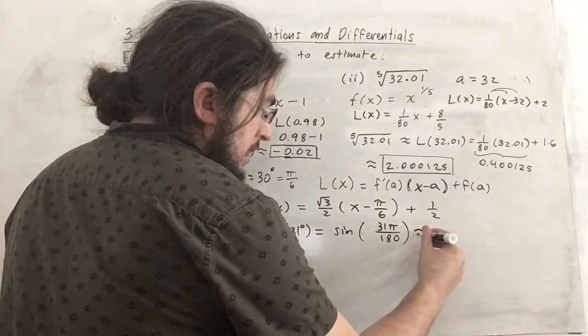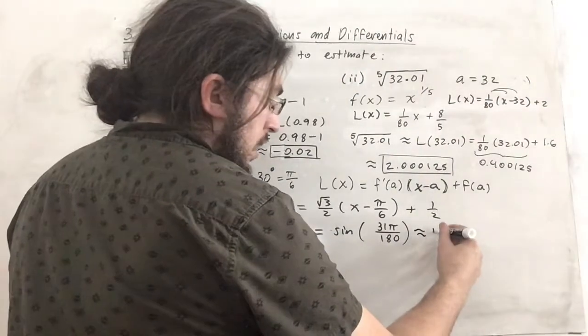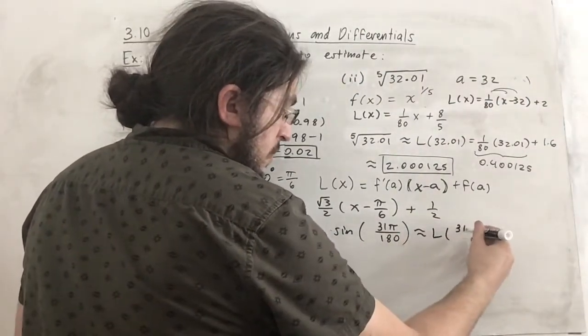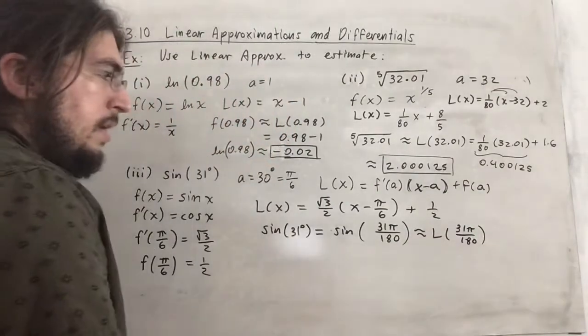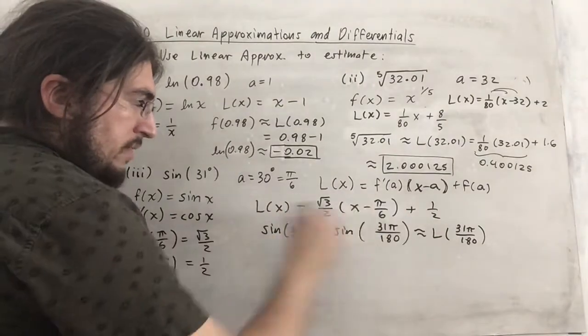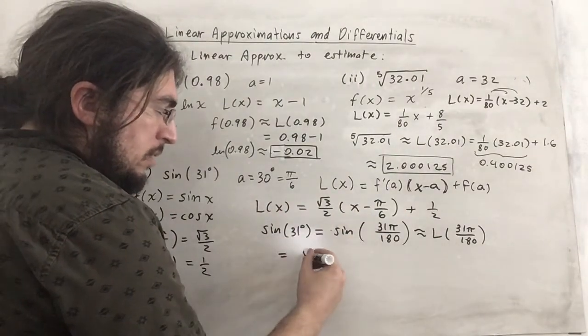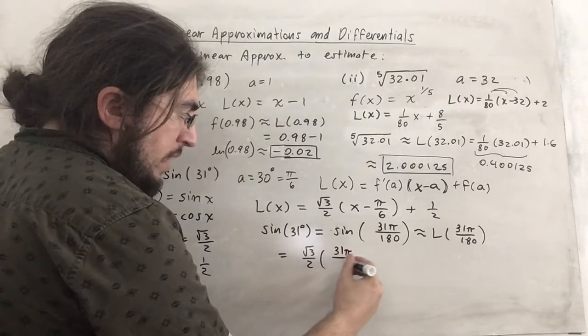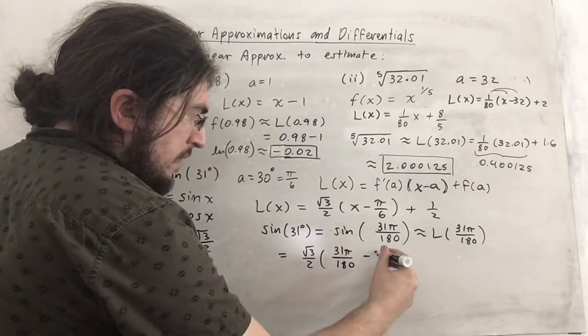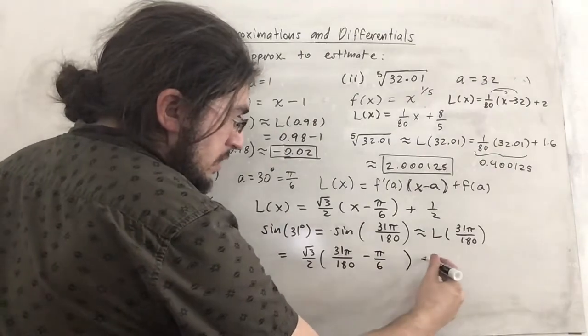So we want to approximate this with L of x, so L of 31 pi over 180. Good. And according to our expression for L above here, this is equal to radical 3 over 2 times 31 pi over 180 minus pi over 6. Leave a little bit of space just to show something.